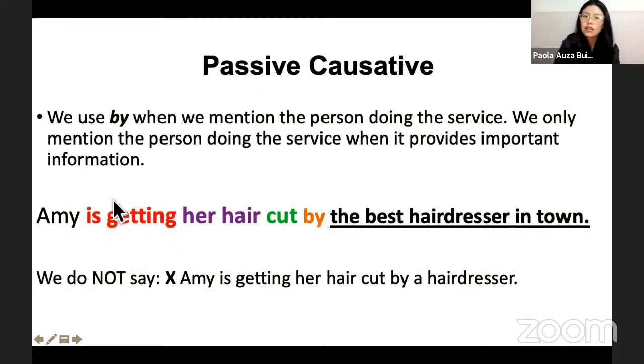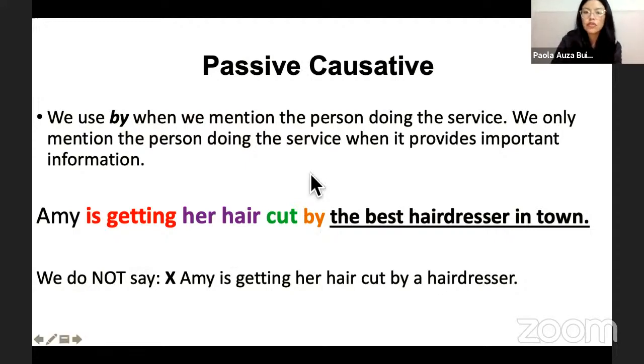Amy is getting, this is the causative part, no? Then hair, no, is the object, the action, cut. And then when I mention the person that is doing the service, I introduce it with by. Amy is getting her hair cut by who? By the best hairdresser in town.